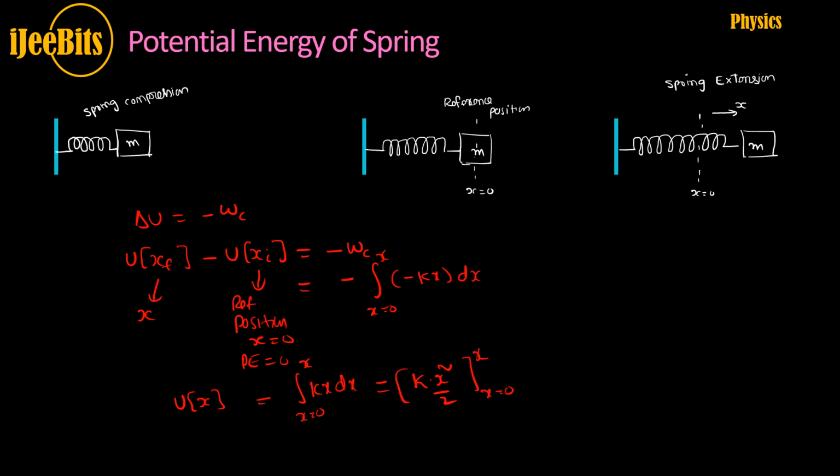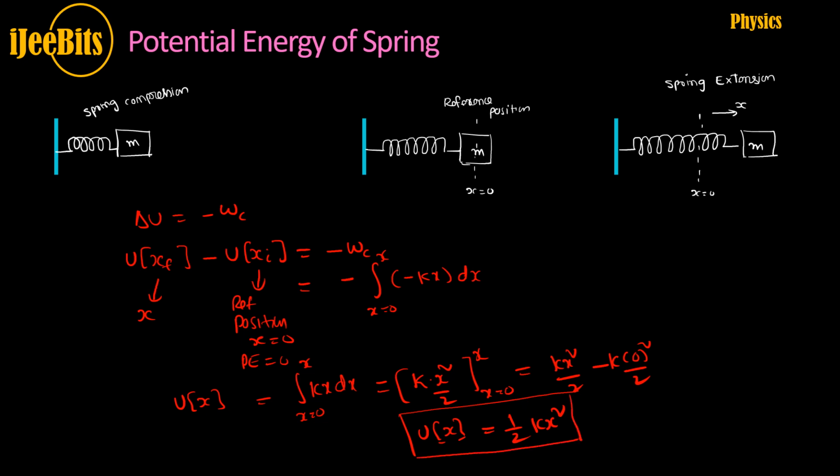How do you extend this one? You have to put k x square by 2 minus k x0 square by 2. So this is gone. So Ux, potential energy at arbitrary displacement x, equal to half k x square. So you can also say half kx square is nothing but your work done. This is also nothing but your potential energy.